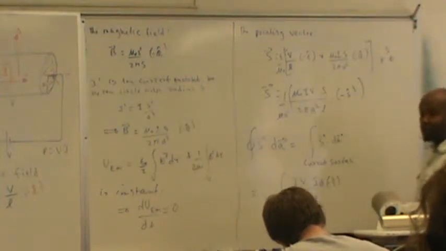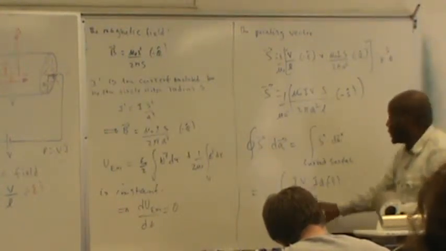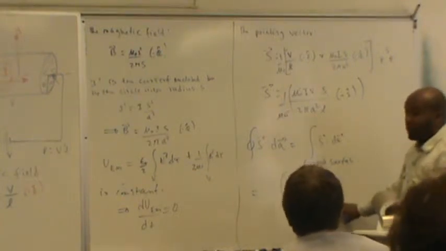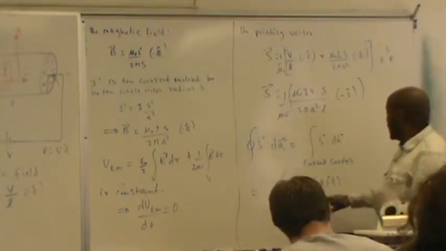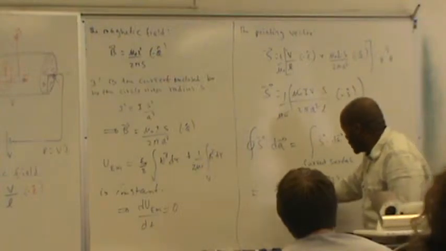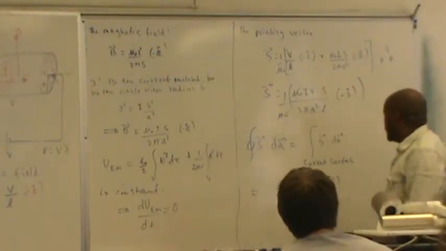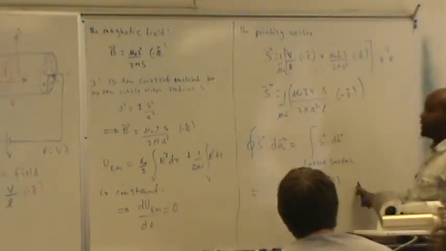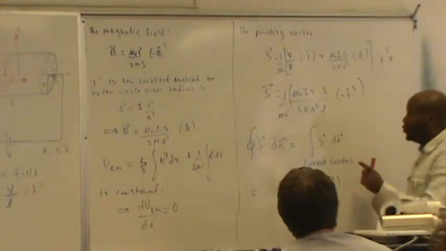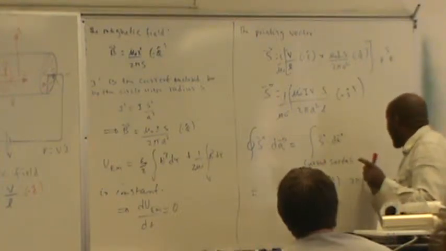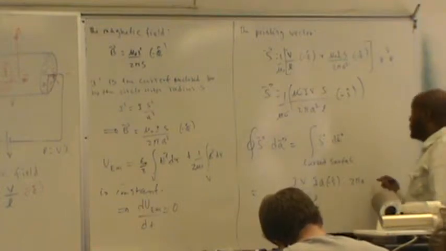Even you don't have to carry that integration because it's a constant over the entire surface, so I can just simply multiply by 2 pi A times the length L.